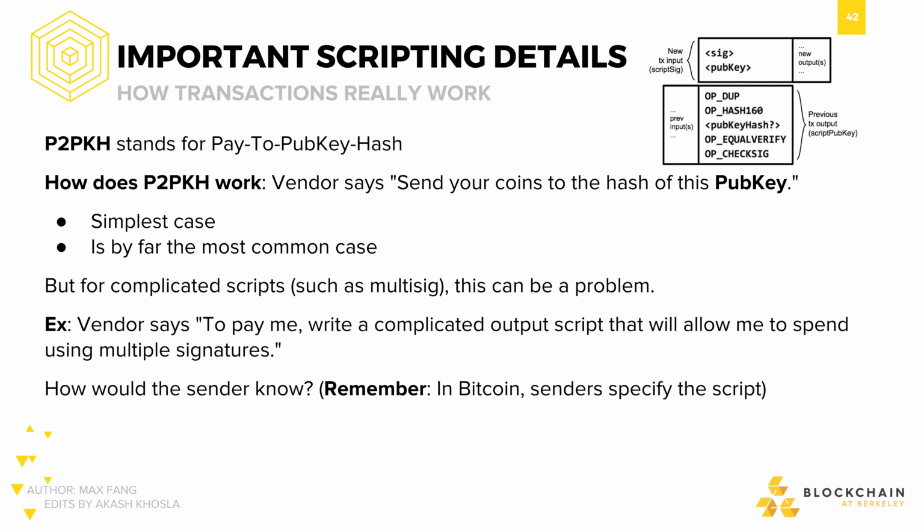An example is, to pay me, write a complicated output script that will allow me to spend with multiple signatures. How would the sender know how to do that? How can you expect a sender to just write up a script that looks as intimidating as the one in the right hand corner? Because in Bitcoin, the senders specify the script.